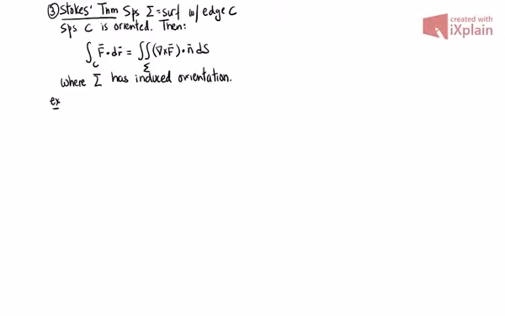So let's do a really easy first example. I'm just going to give us everything. Suppose sigma is part of the plane z equals 2, with x between 0 and 3 and y between 0 and 4. So it's really, really simple.